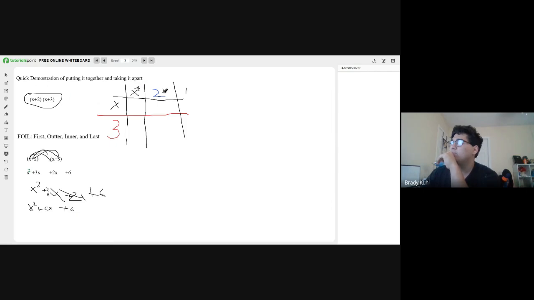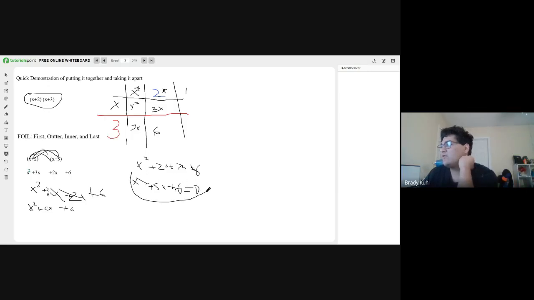This is 1 and this is all by itself. x squared, 2x, 3x, 6. Combine like terms, because 3 times 2 is 6. x squared plus 5x plus 6 equals 0. Look, that's a quadratic equation right there.